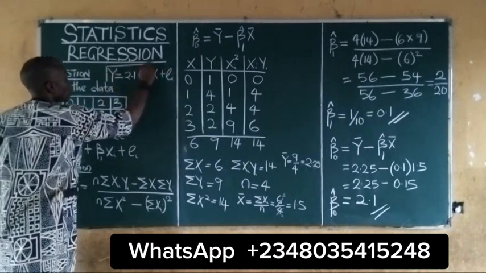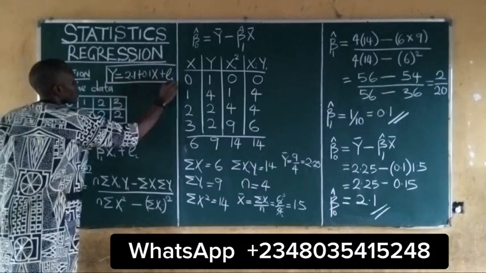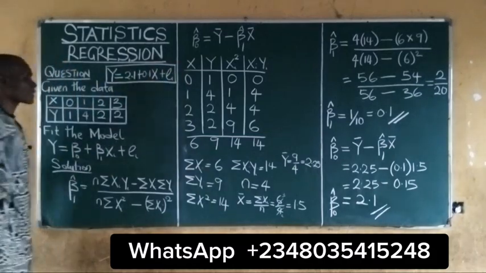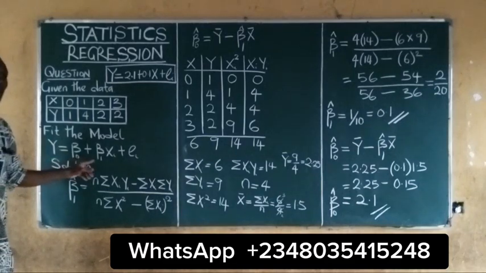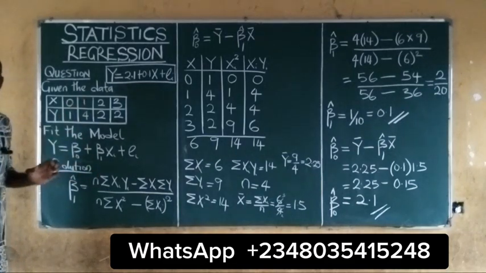So this is how we can obtain the estimates of B naught and B1 in a linear regression equation.